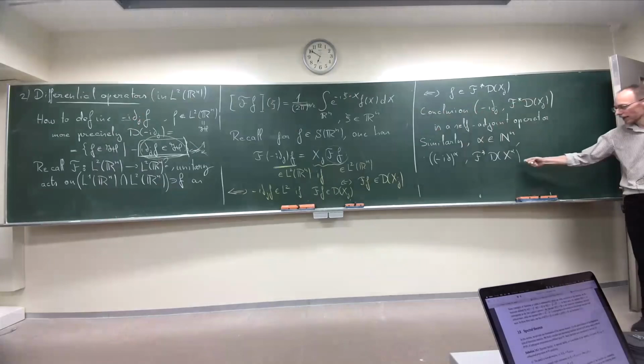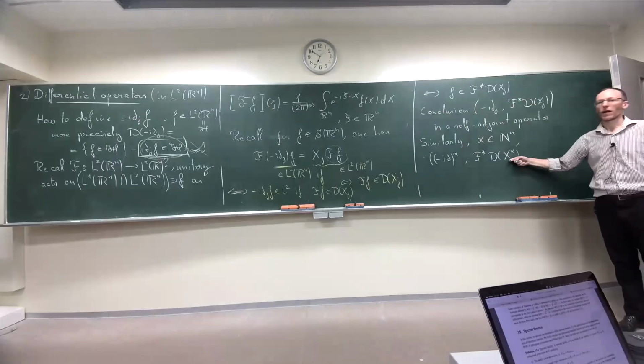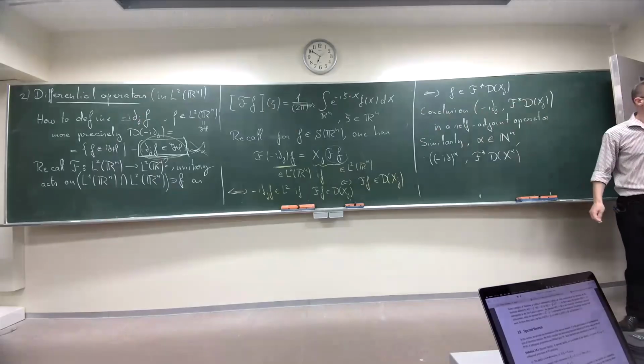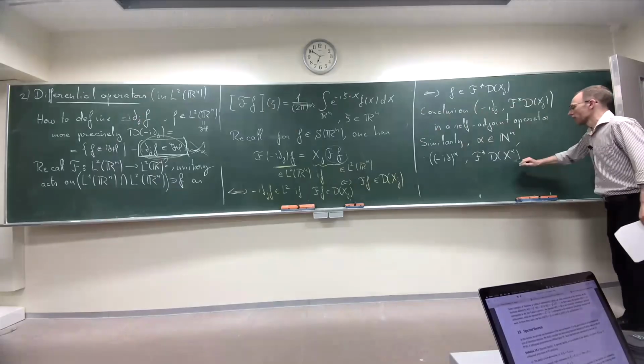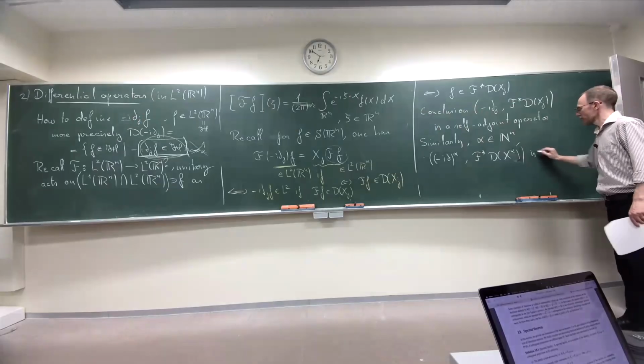And again, this is easy. The domain of this one is the set of f such that when you multiply by this polynomial, it is still L2. Again, it is self-adjoint.